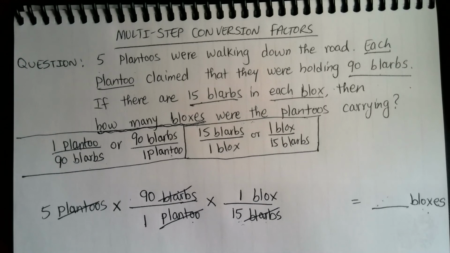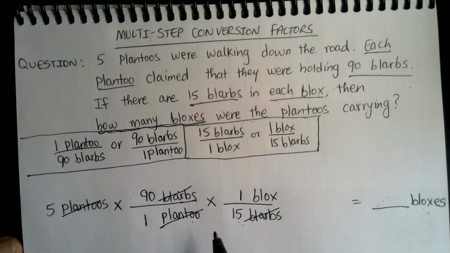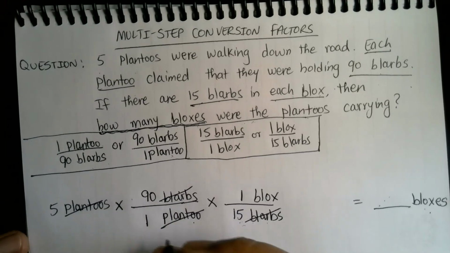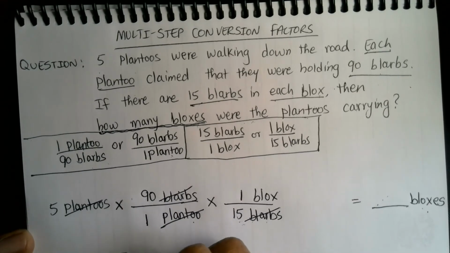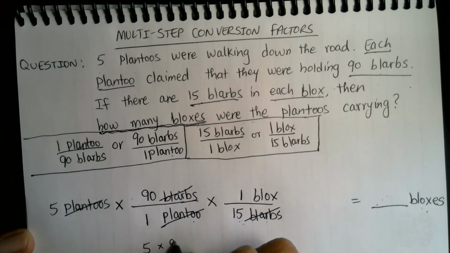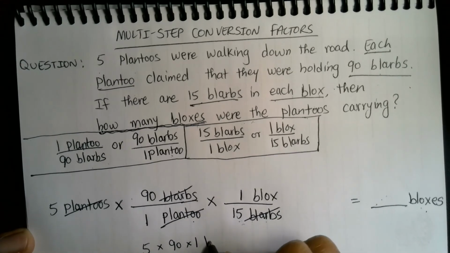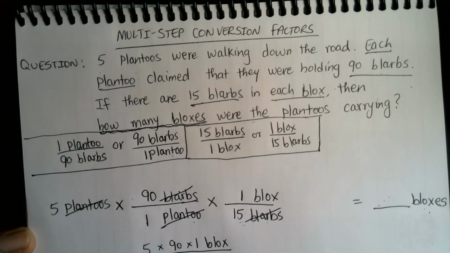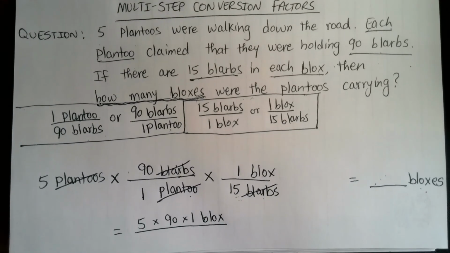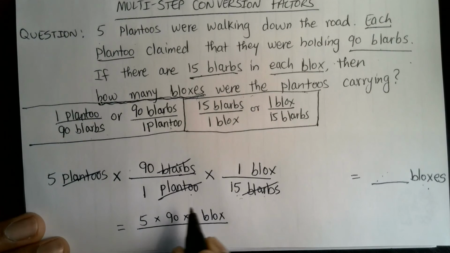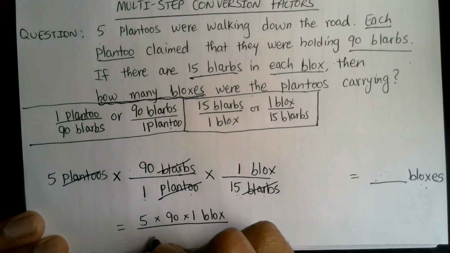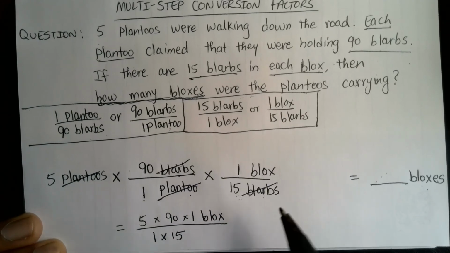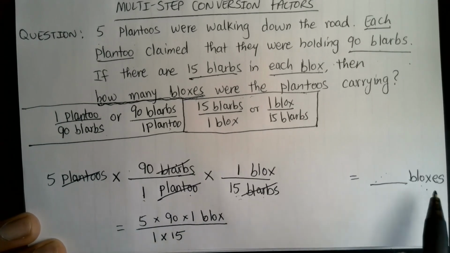The question's mathematically easy, but just in case, if you're wondering how the mathematics works there, everything at the top multiplied, so you can rewrite this as 5 times 90 times 1 blocks. You don't need to write the ones to show what you're doing there exactly. 5 times 90 times 1, and then in the denominator you have 1 times 15 and no term at the bottom. That's what you want. So you know that you're getting the right answer in terms of the units.